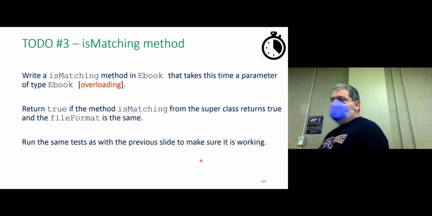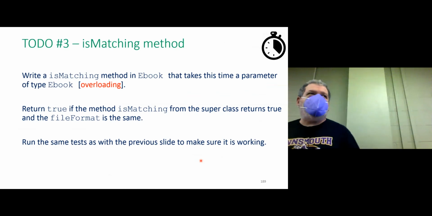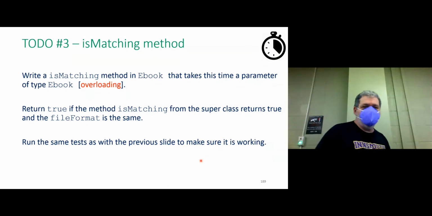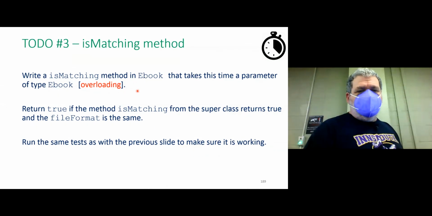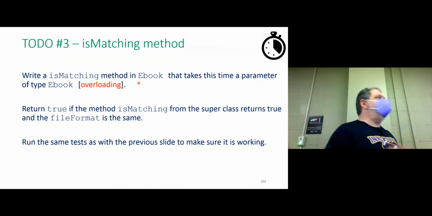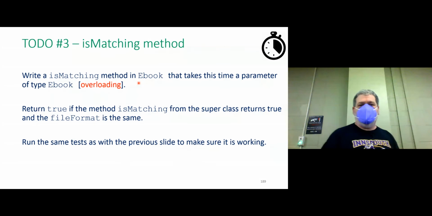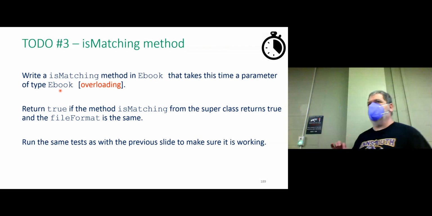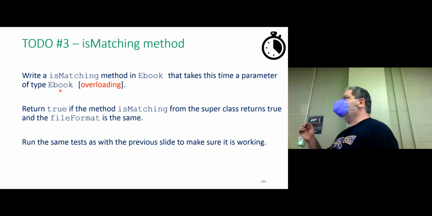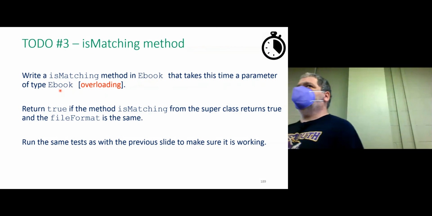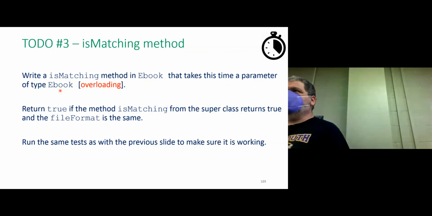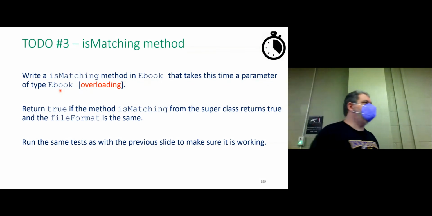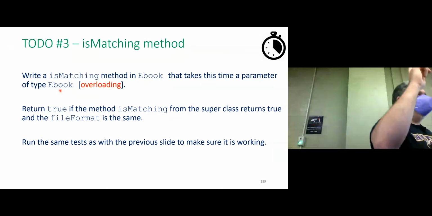All right. Next version of the isMatching method. So we want to write an isMatching method, same thing, returns a Boolean, okay? This time it takes as parameter an ebook, and we want to add it to the ebook class, so the subclass. The first version we wrote was in the book class.